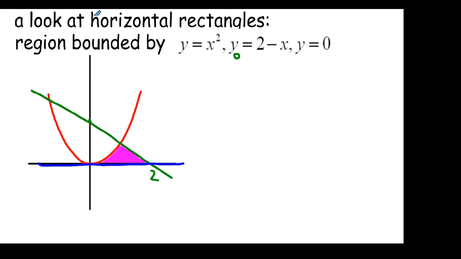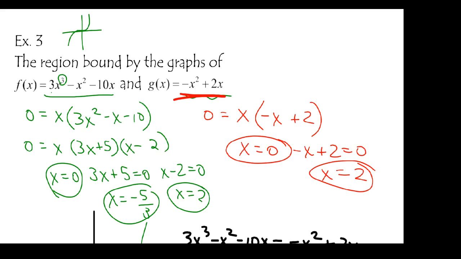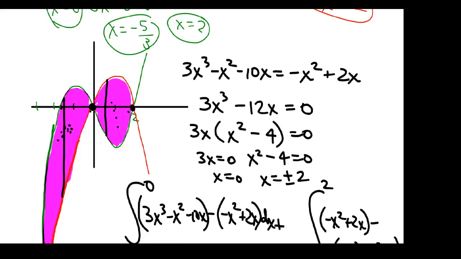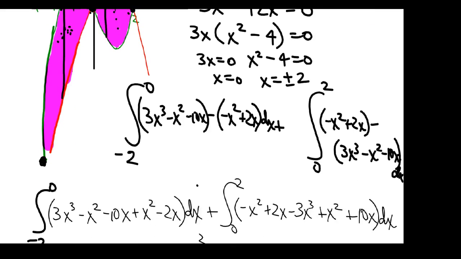Now, I've drawn the region. The next thing I want to do is draw a rectangle typical to that region. And I hope I can draw just one rectangle so I won't have to have 2 integrals. Cut the work as much as you can.